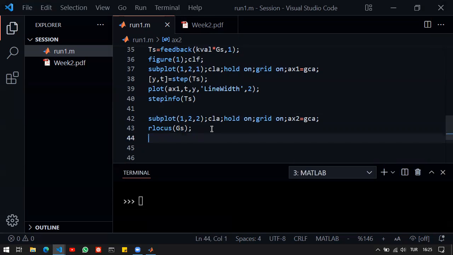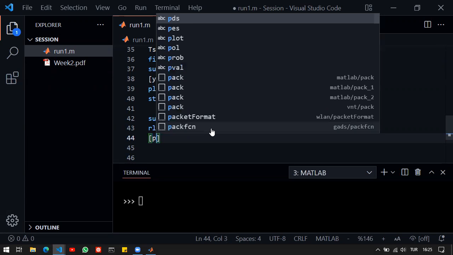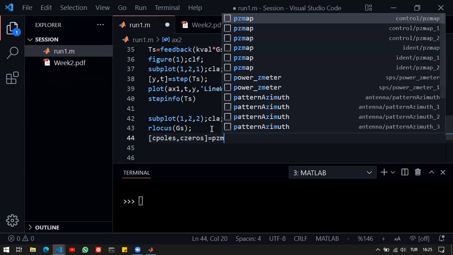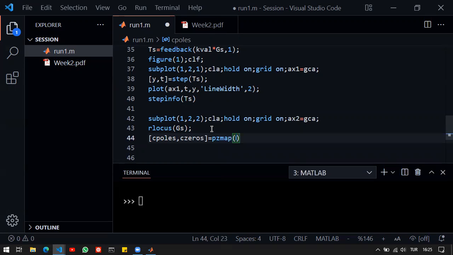Now, before I continue, I might do the following. Since the root locus plot is basically a plot where k varies and the poles move, I already know what k I've chosen. So I could also calculate all the poles and zeros in the closed loop, and I could place them on top of this root locus so I can see where I've chosen my solution. So therefore, I can use pzmap here. That would give me directly the poles and the zeros.